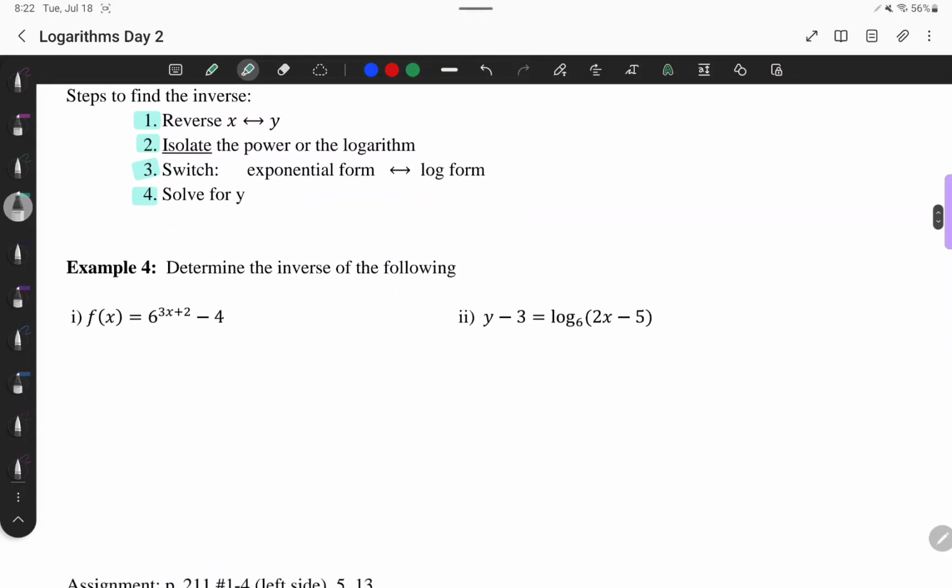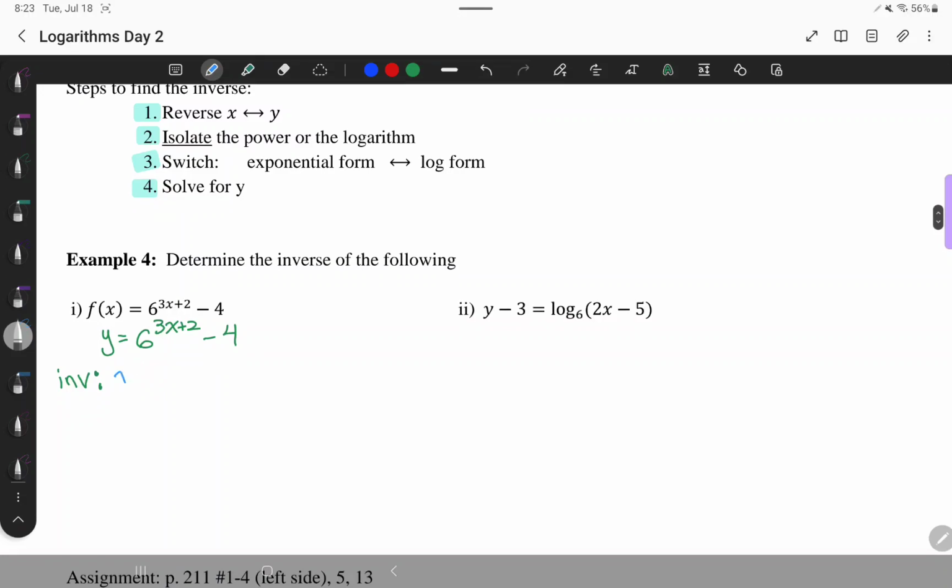Let's look at an example of this. The first function is an exponential function. I'm going to write it as y equals 6 to the power of 3x plus 2, minus 4, just to make that a little clearer. Now to find the inverse, I'm going to switch x and y.